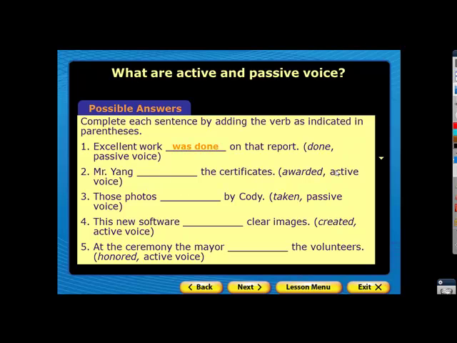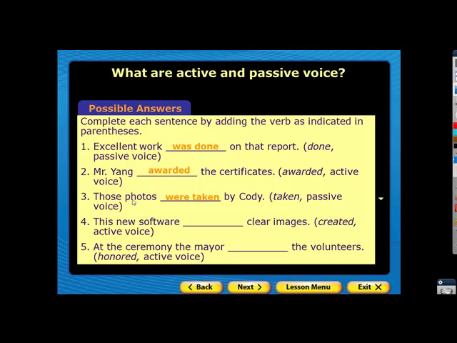Do I need the verb to be in the active voice? No. So I can use awarded in the past as it is. Those photos by Cody. By Cody here, again, this is the passive voice. Taken. But those photos, singular or plural? This is a plural form. If you're going to write the past simple, we're going to use were taken.